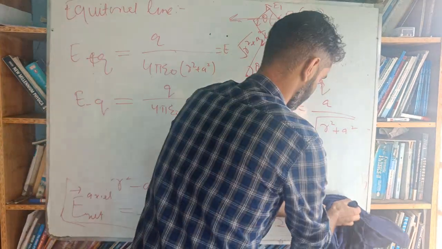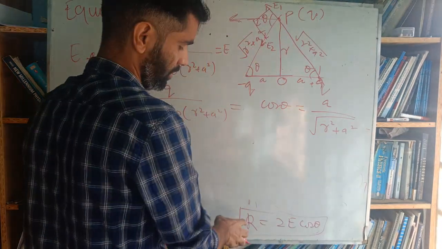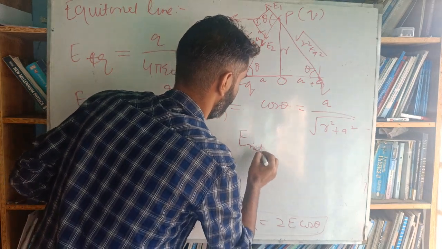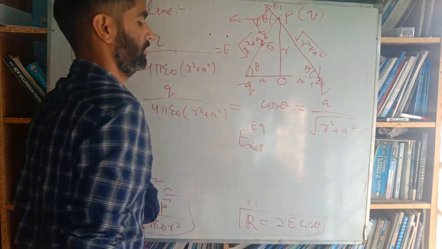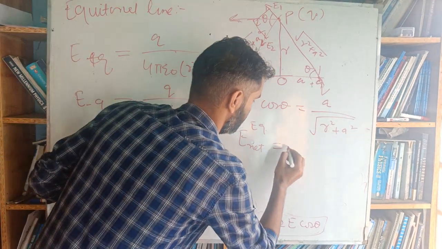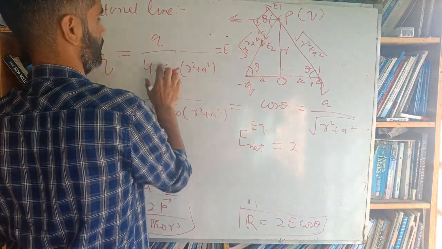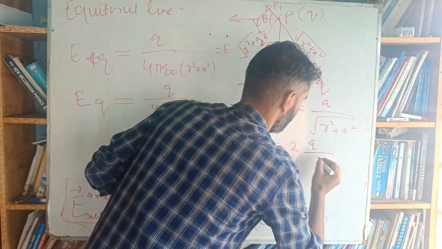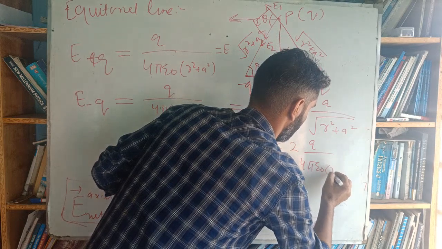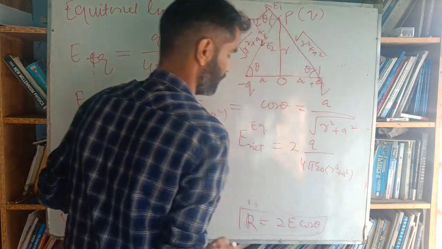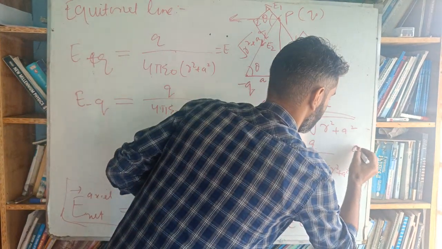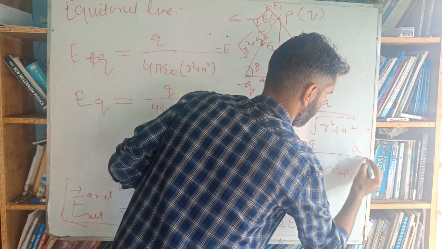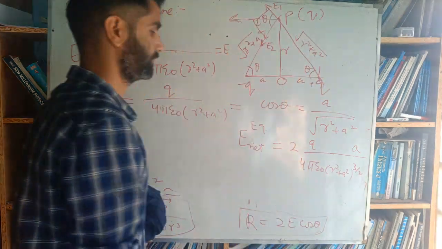So I can substitute in this expression E net, which is the resultant electric field on the equatorial line, 2 times E. E is one of the two values here, E1 or E2. So it is q over 4 pi epsilon naught r square plus a square, and cos theta is a over under root of r square plus a square, so it will be to the power 3 over 2.